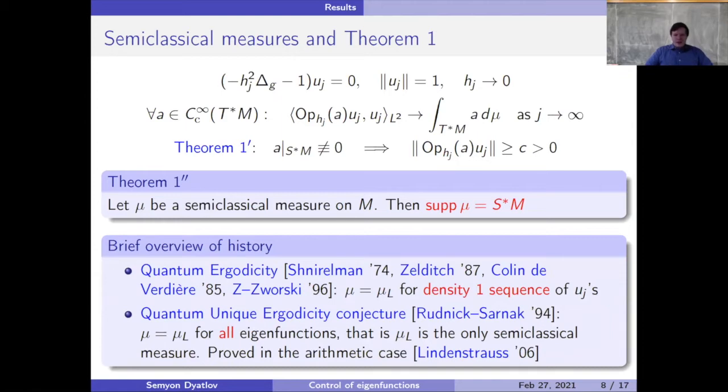In the West, US and then France, it was known in the 80s, but of course, the Russians were there first. So that's why it's often also known as Schnirelman's theorem. So what does it state? It says that you have a density 1 sequence of eigenfunctions which equidistributes.